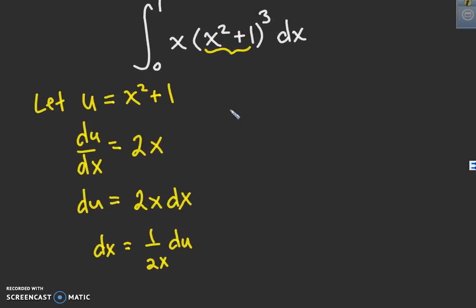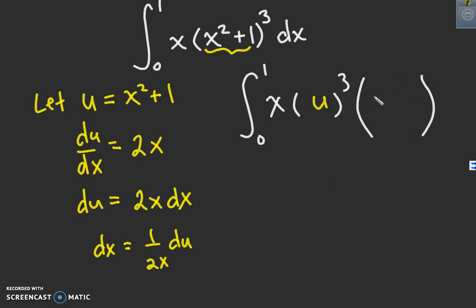So when you plug this back in, we now have the integral from 0 to 1 of x u cubed, and then for dx, I'm going to plug in 1 over 2x du. And you see that the x's will cancel out, and the 1/2 will come out as a constant.